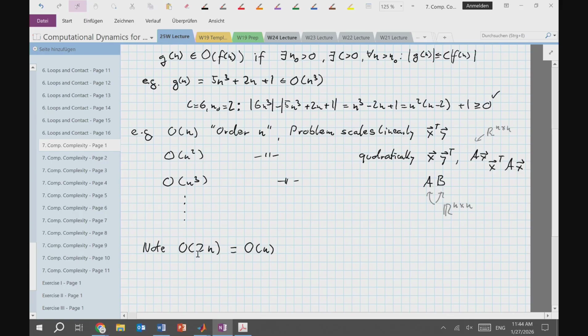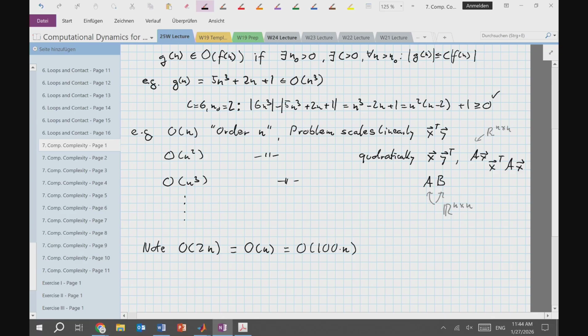So even if some algorithm or problem has twice as many calculations, we are only interested in the scaling. And this would be the same as order 100n. They are all the same.